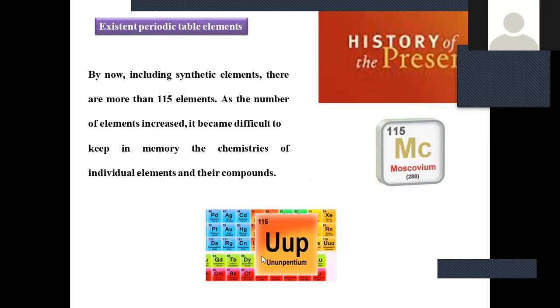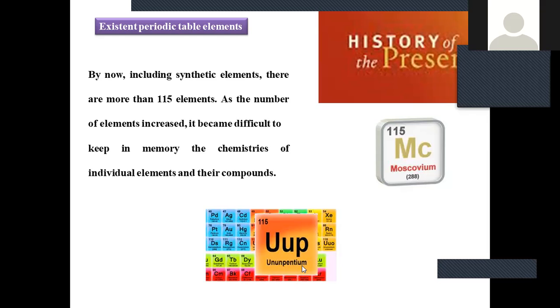In periodic table terminology, that is denoted as UUP, right? U denotes un, and the other U is also un, meaning one. Un is nothing but one, and P is pent, penta meaning 5.